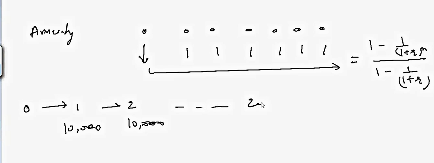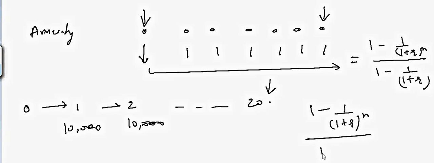For this one we don't have to do a separate calculation. We want to calculate the value here. Last time we calculated the value at this point. Now we want to calculate the value at the end of the period. All we have to do is take this annuity, 1 minus 1 by 1 plus r to the power n divided by 1 minus 1 by 1 plus r, and because this is the present value, the value at t0, if we deposit this amount at t0 it will earn interest for 20 years.